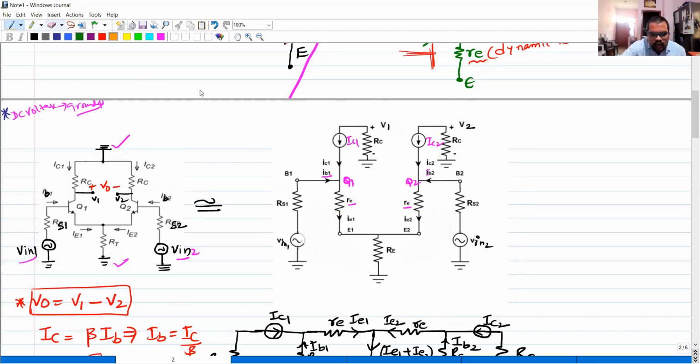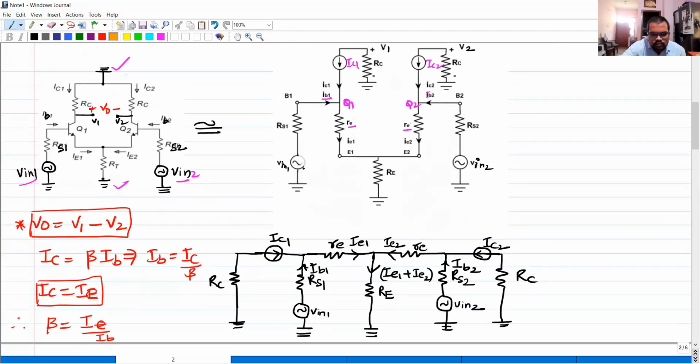Now, see here. The same model, I am redrawing the figure. First, I am starting here. This is the resistance RE, first RE, right? What is the current flowing through this resistance?